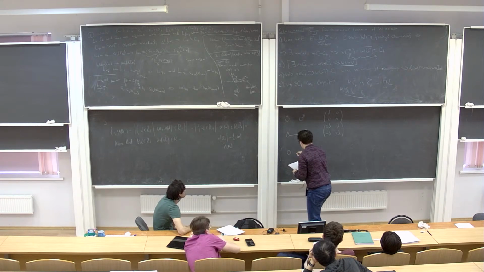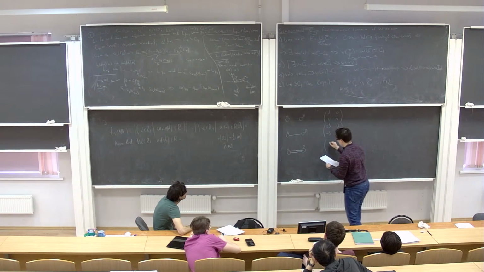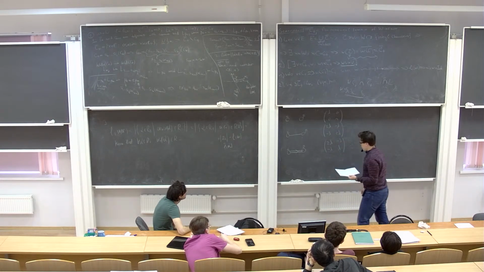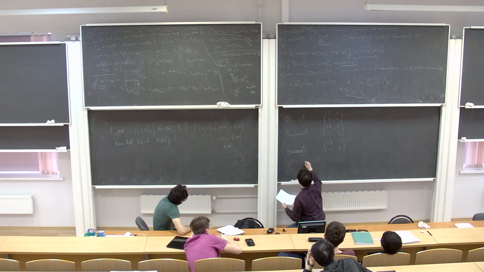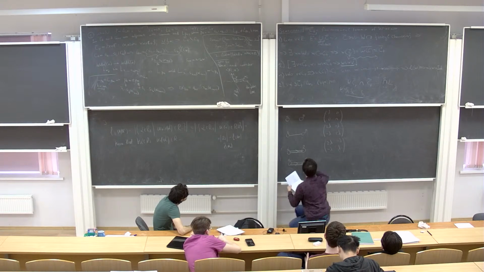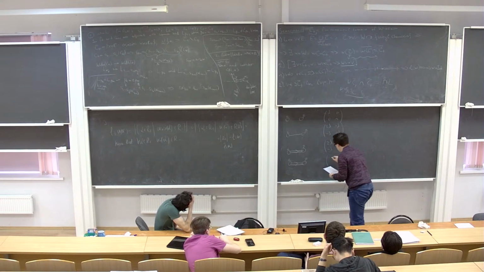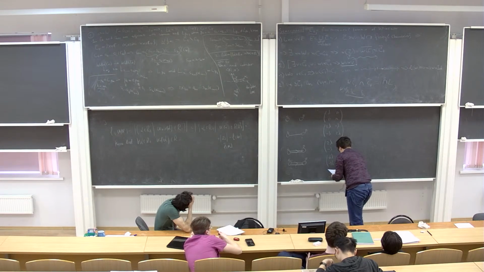If we have a double edge from alpha to beta, then the possible gram matrices are the following: 2 lambda, minus lambda, minus lambda, lambda. And finally, the triple edge. The first vector is alpha, the second is beta: 6 lambda, minus 3 lambda, minus 3 lambda, 2 lambda.